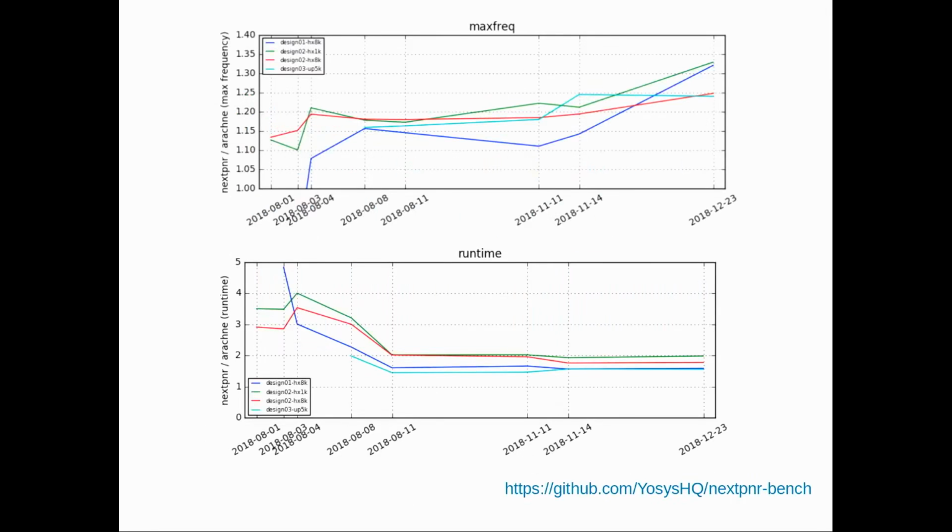So this here is nextpnr against ArachnePNR. We still do bug fixes in ArachnePNR, but for the most part, ArachnePNR is a pretty stable artifact. So we are comparing the quality of results in terms of maximum frequency against ArachnePNR at more or less regular intervals, whenever I have time to run the scripts.